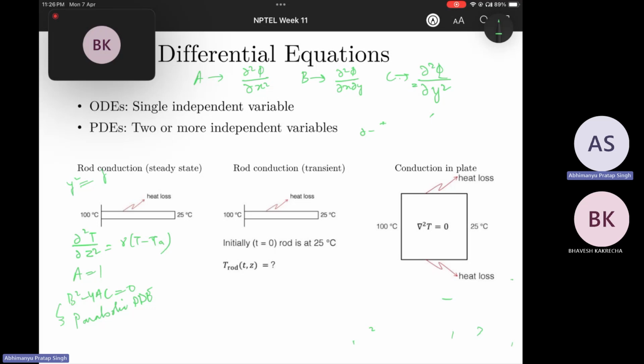If I look at this transient case, for this also the equation is del T upon del t equal to del square T upon del z square minus beta (T minus Ta). Yeah, so A is 1, B is 0, C is also 0. So for this also I'm getting B square minus 4AC as 0. So this is also a parabolic PDE.